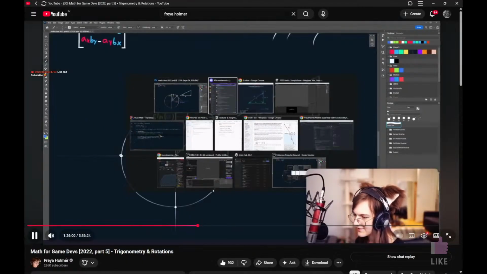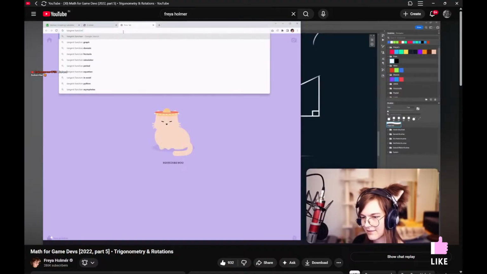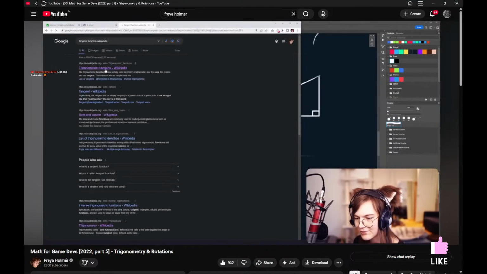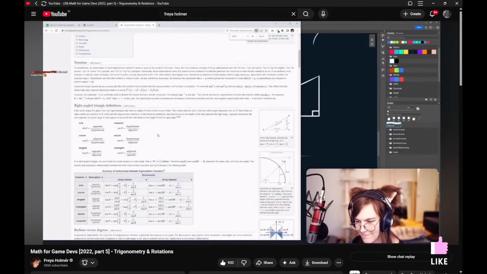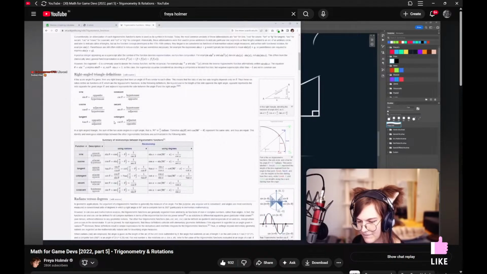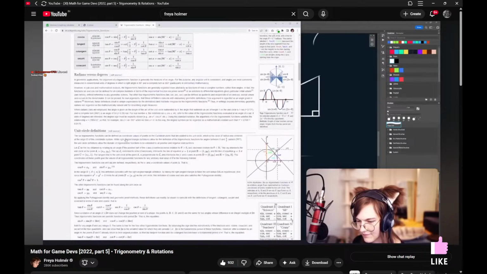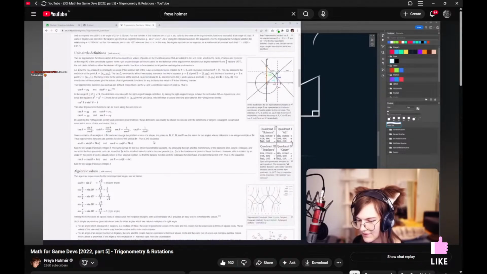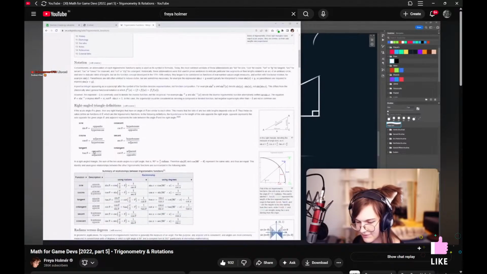It's cosine divided by sine, right? I forget which order it's in. The basic definition of tangent is opposite divided by adjacent.